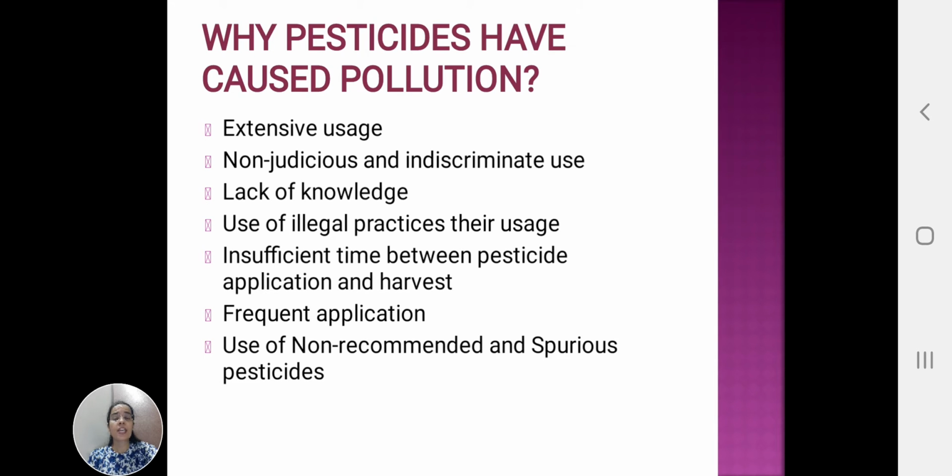Frequent application. In order to get more and more production, they are frequently applied to the fields. Use of non-recommended and spurious pesticides. Some of the pesticides have been banned from the different countries because of their dangerous and hazardous effects, but even then they are being used by the farmers.